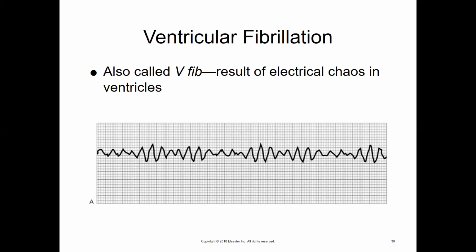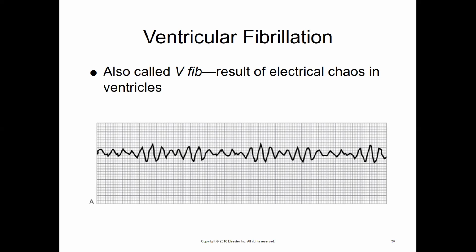This VFib could be the first indication that you even have cardiac disease. Patients who have had an MI are more at risk to go into VFib. If a patient is going into VFib, they become faint, they may lose consciousness, there's no pulse, they're apneic, they could have seizures, those types of things.